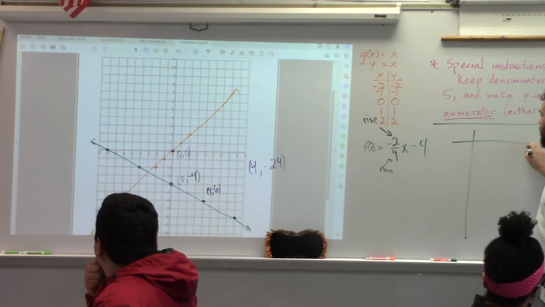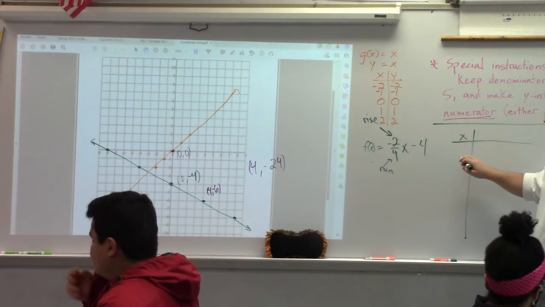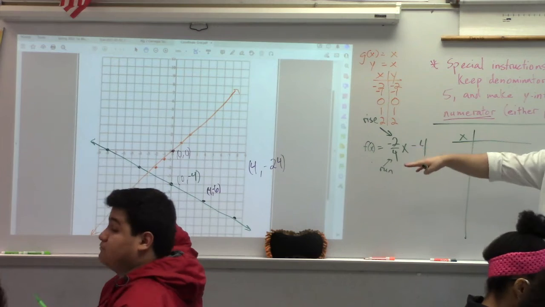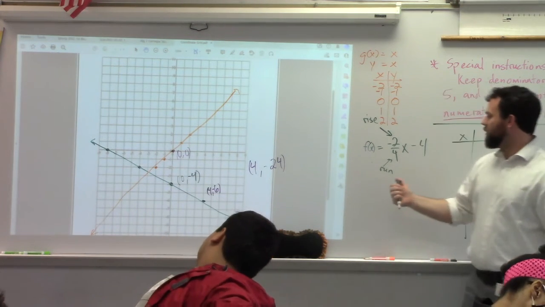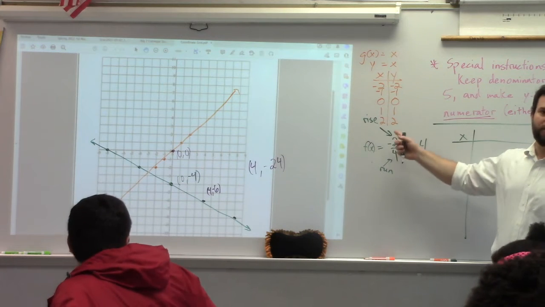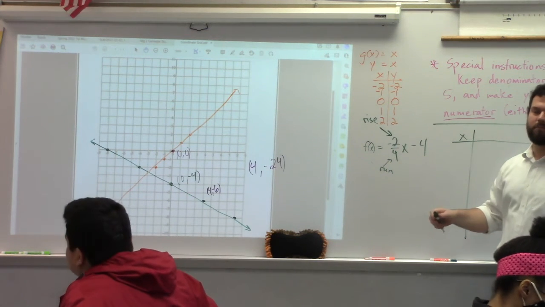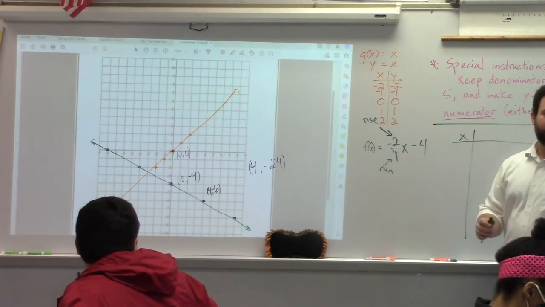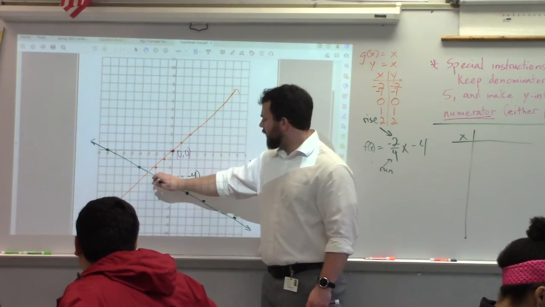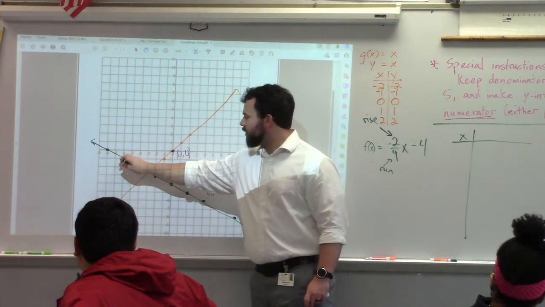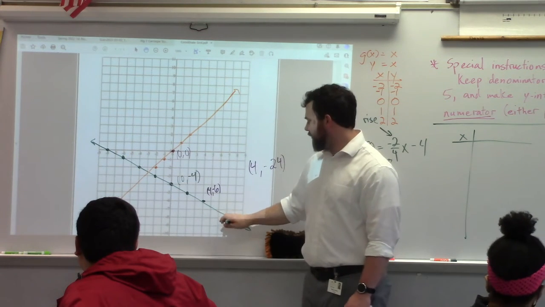Personally, what would be easier is to make that table. I'm just going to use the points that are on this. By the way, does anyone know another slope I could have done other than negative 2/4 that would have been the same? Negative 1 divided by 2. Notice how we have points here and here. So that negative 2/4 would have been the same thing as negative 1/2.